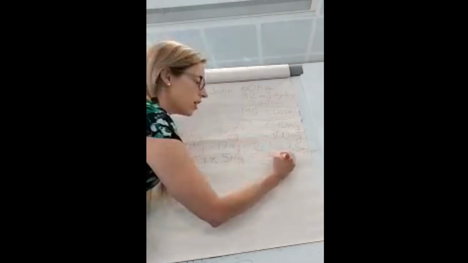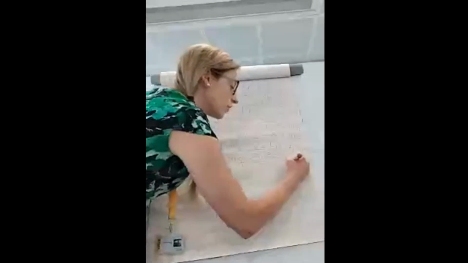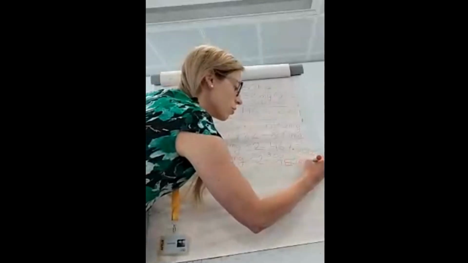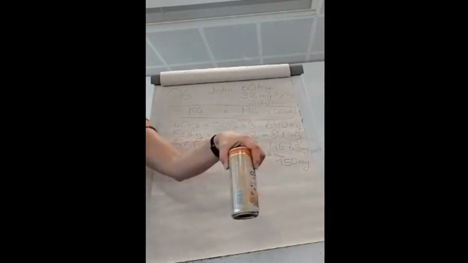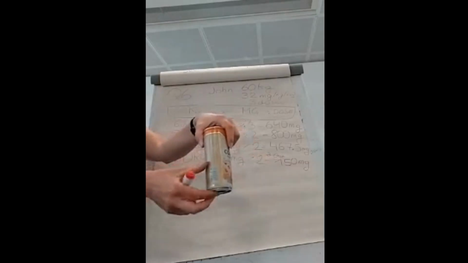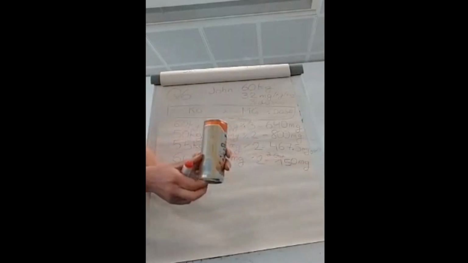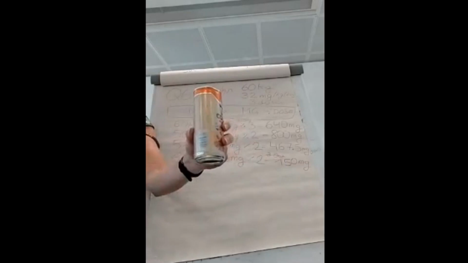I'm gonna write it here, 300. 300 divided by 2 is 150 milligrams. How much would that be? So this is 250. So she would have to drink in the morning and in the evening half of this bottle. Is that okay for you, Babu?